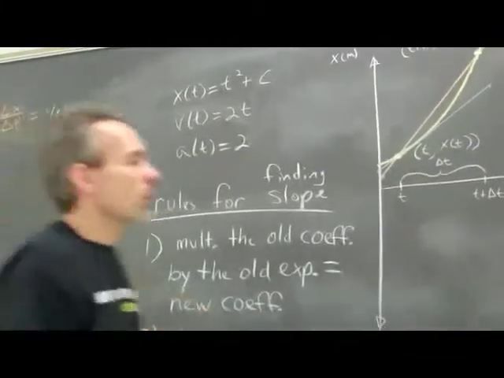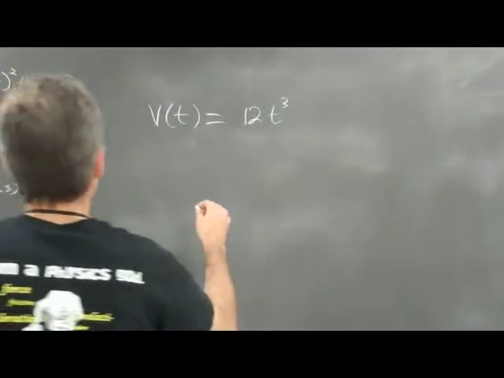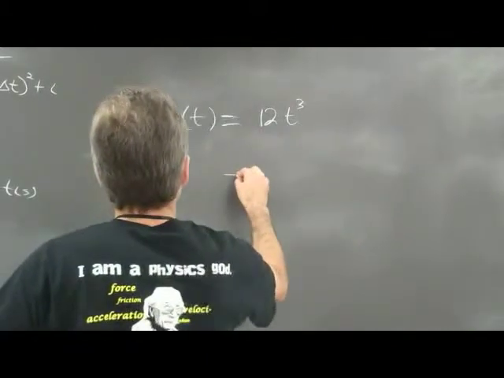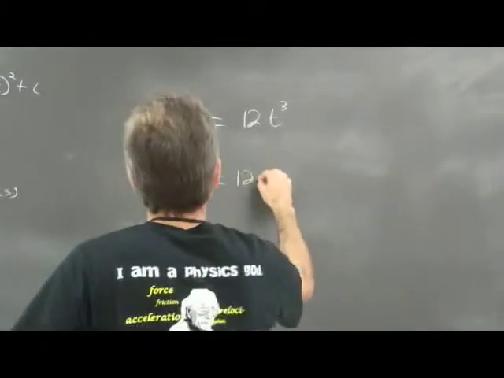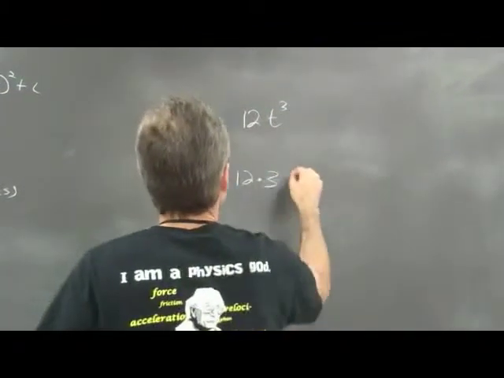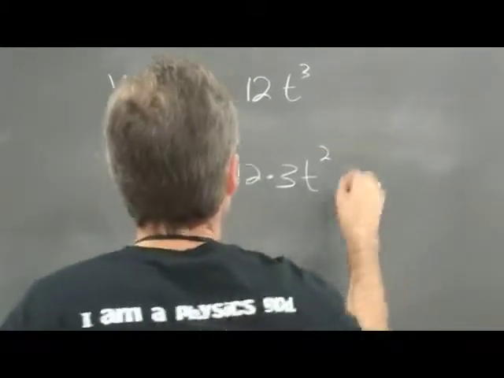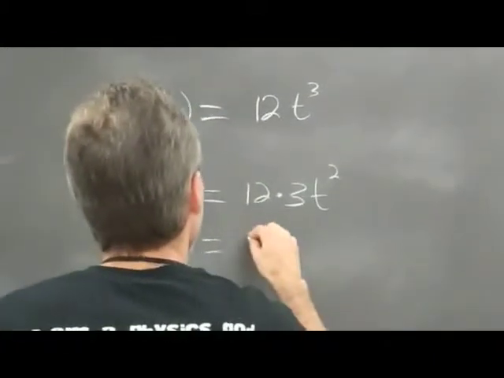Well, at first, since we're kind of new at this, we might think, let's practice these rules here. These rules said to multiply the old coefficient, so the old coefficient 12 times the old exponent, which is 3, and then I have to decrease the power by 1, so it's going to be 2.